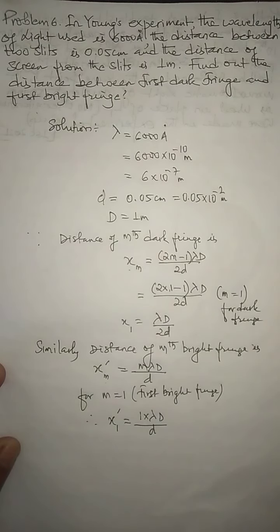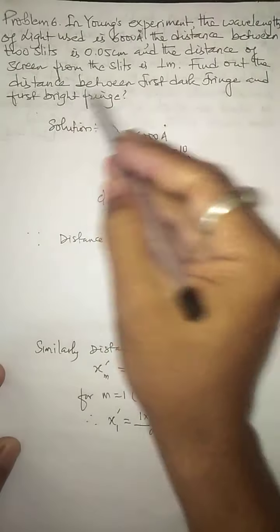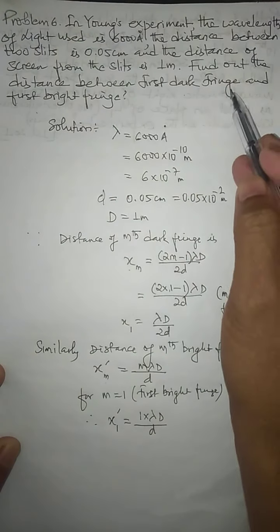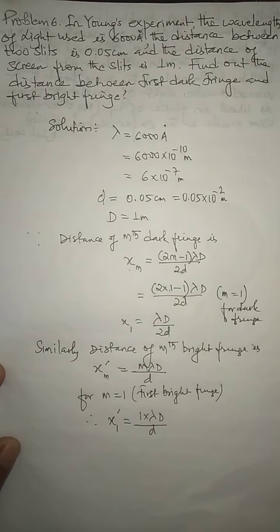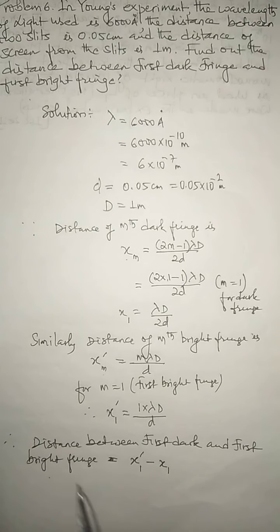Now in the question we are asked to find the distance between the first dark and first bright rings. The distance will be calculated by x1 dash minus x1. x1 dash is the distance of the first bright ring, and x1 is the distance of the first dark ring.